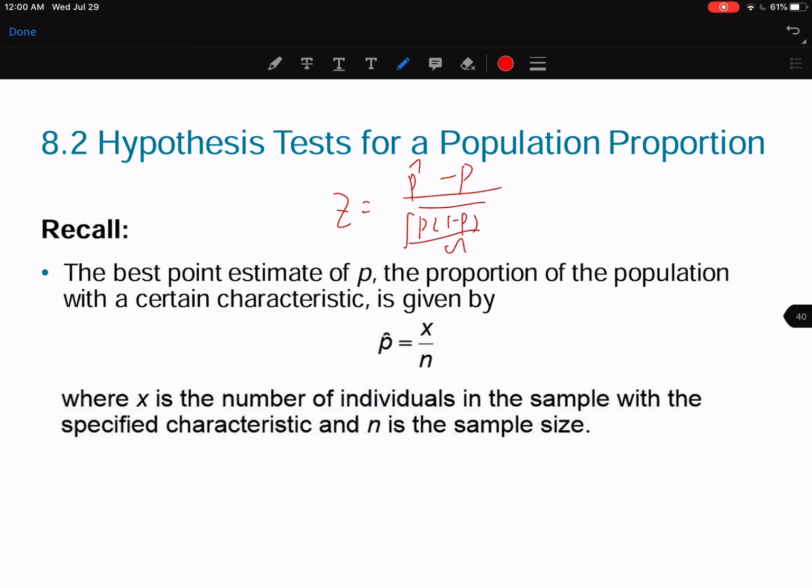The point estimate of p, the proportion of the population with a certain characteristic, is given by p hat equal to x over n. Of course x is the number of individuals in the sample with a specified characteristic, and n is the sample size. I think we learned this in chapter 1 or chapter 2.